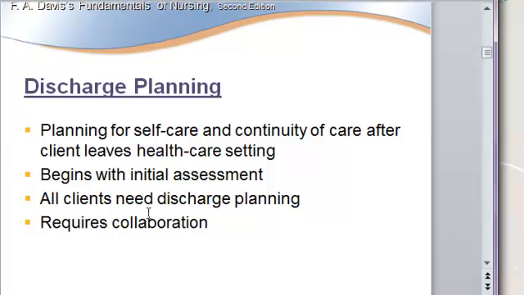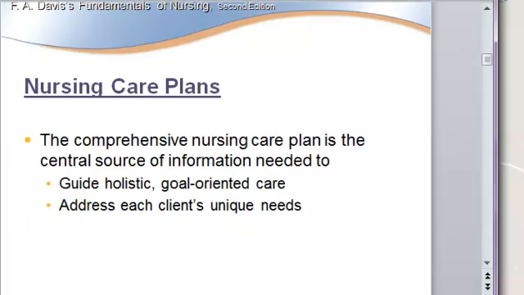So it begins with initial assessment, and all clients need discharge planning, and it requires collaboration with a lot of different disciplines.